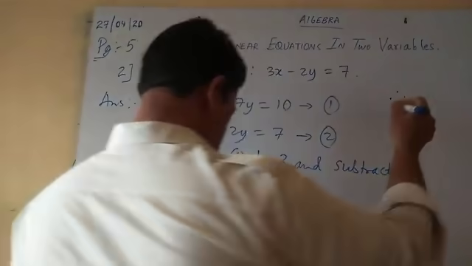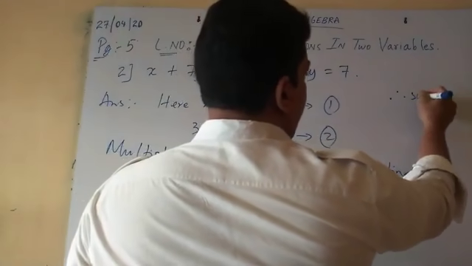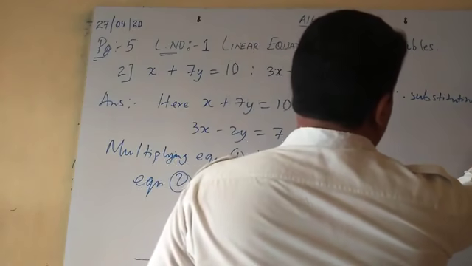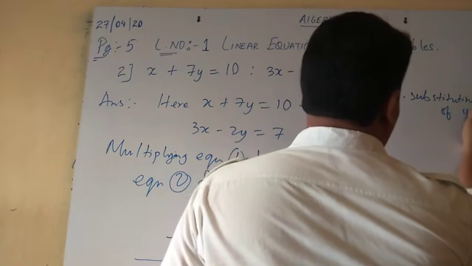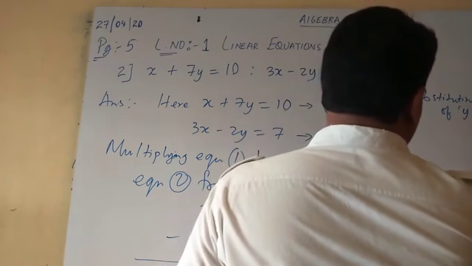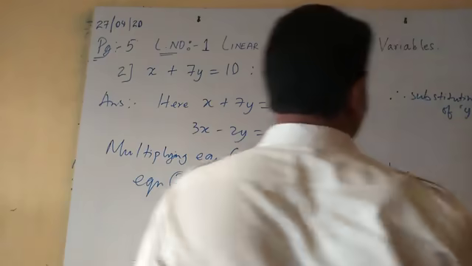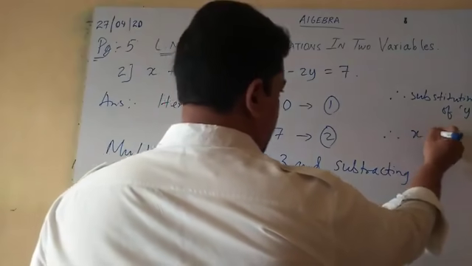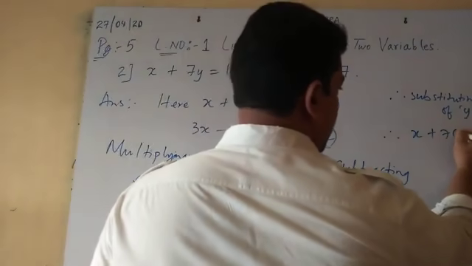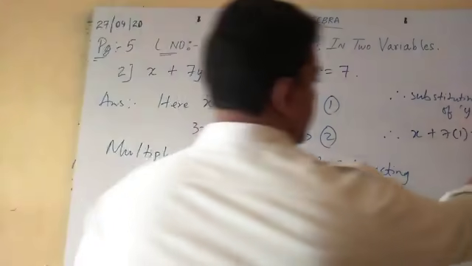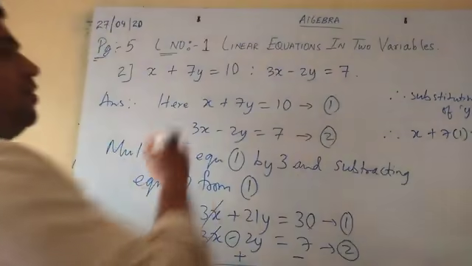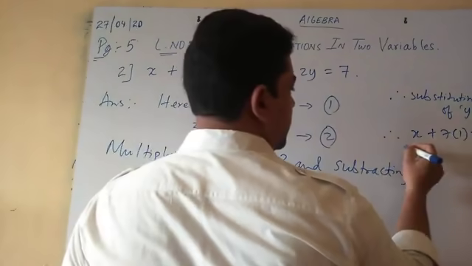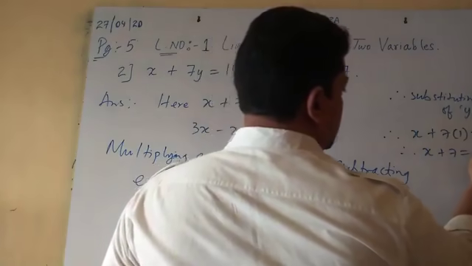So therefore, substituting the value of y in equation 1, that is, x plus 7 into 1 is equal to 10. So I have written 1 in the place of y because the value of y is 1. So 7 ones are 7, therefore x plus 7 is equal to 10.